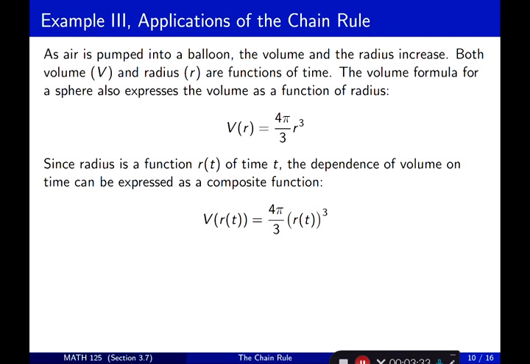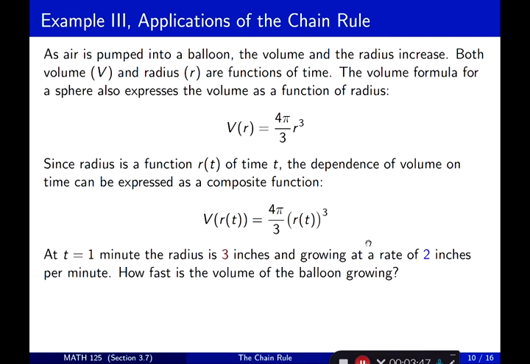We're interested partly because it may pop, and partly to look at the efficiency, etc. And so the question this time: at t equal to 1 minute, the radius is 3 inches and growing at a rate of 2 inches per minute. How fast is the volume of the balloon growing?